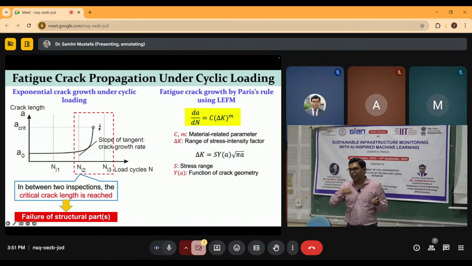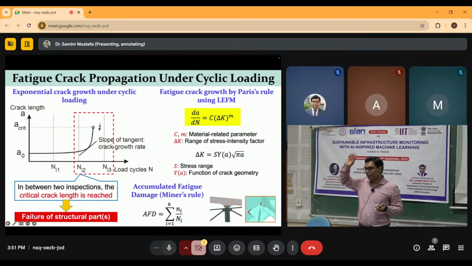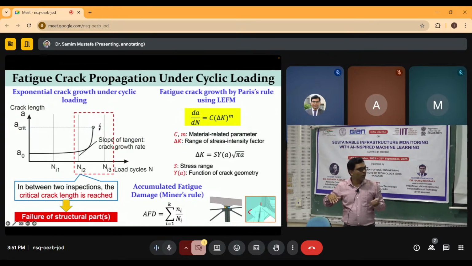Another rule or equation is there to determine the number of stress cycles the member has remaining. So each member is designed for a certain number of stress cycles. You know steel has a certain number of stress cycles it can resist, probably 10 to the power 7 stress cycles, okay. So this is given by this formula, accumulated fatigue damage, AFD, equals the summation of small ni divided by capital Ni.